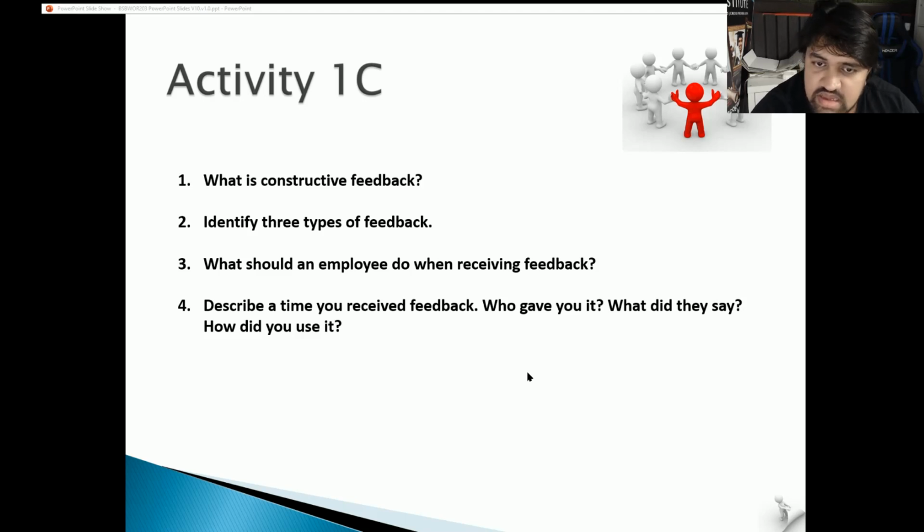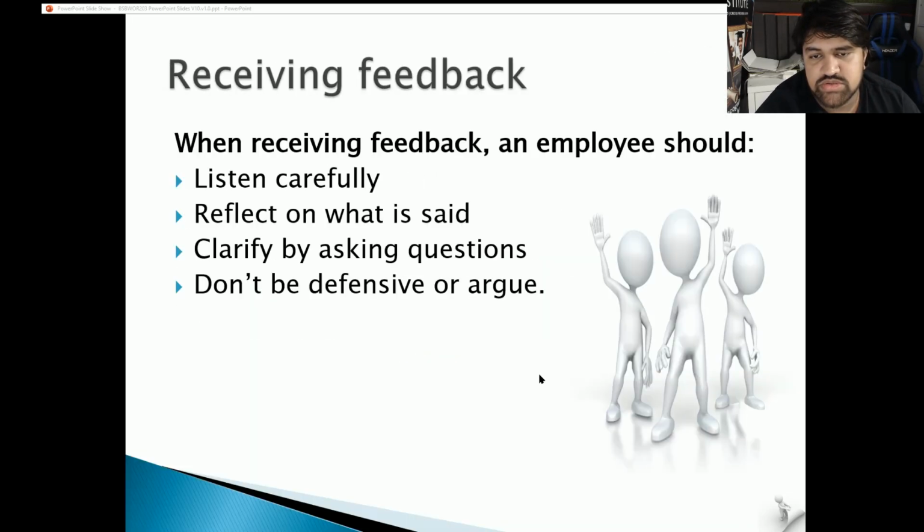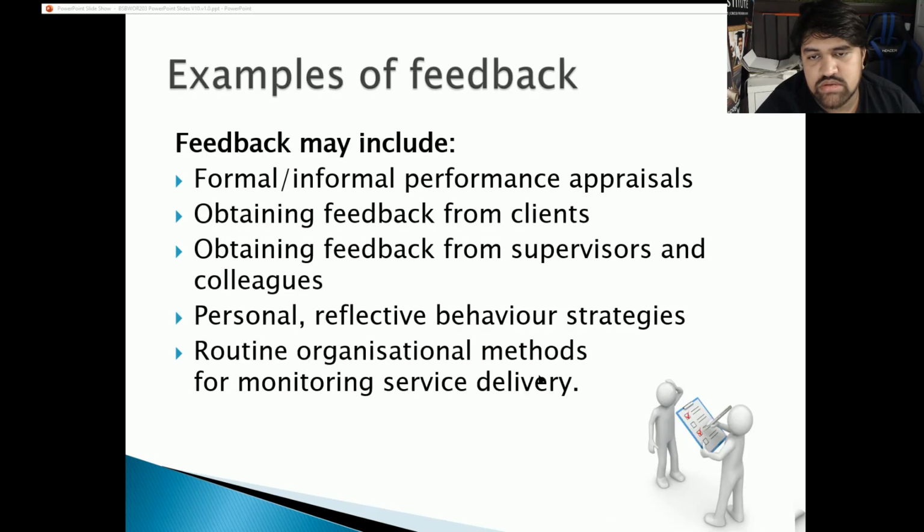Identify three types of feedback. So we're talking about informal, formal, reflective behavior. We're thinking about feedback from clients or supervisors.